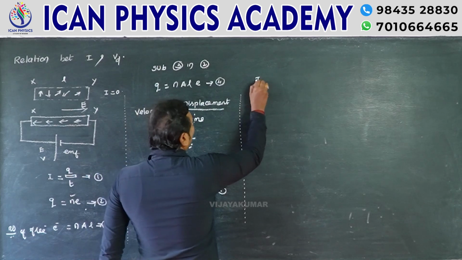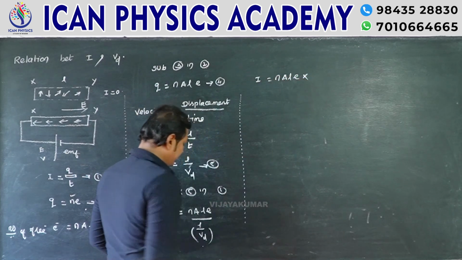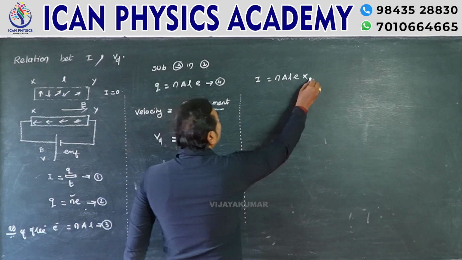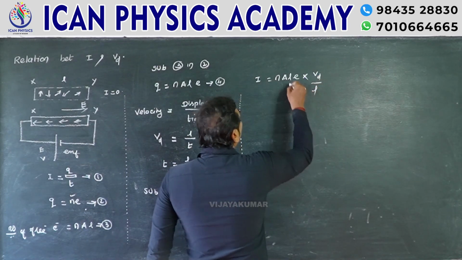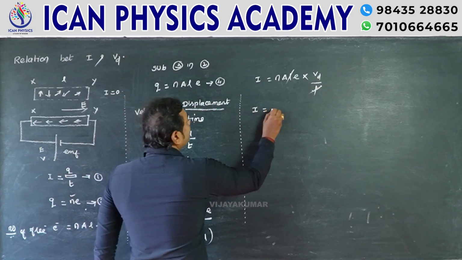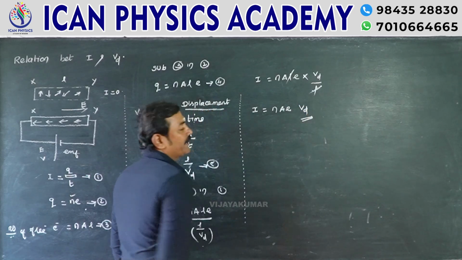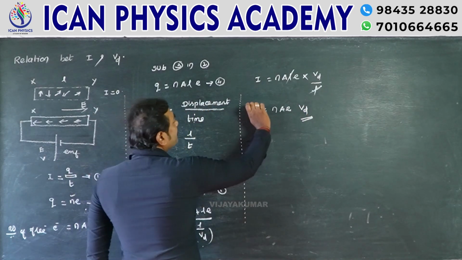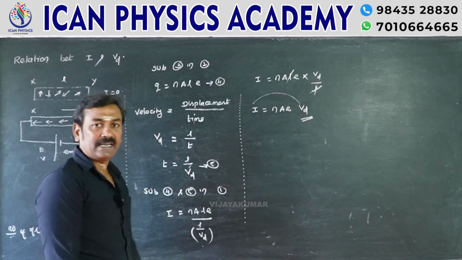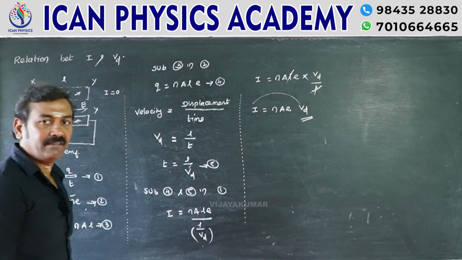So I equal to N A L E into VD by L. Now L gets cancelled. So I equal to N A E into drift velocity. Now current and drift velocity come in the same relation. So that is the relation between current and drift velocity.